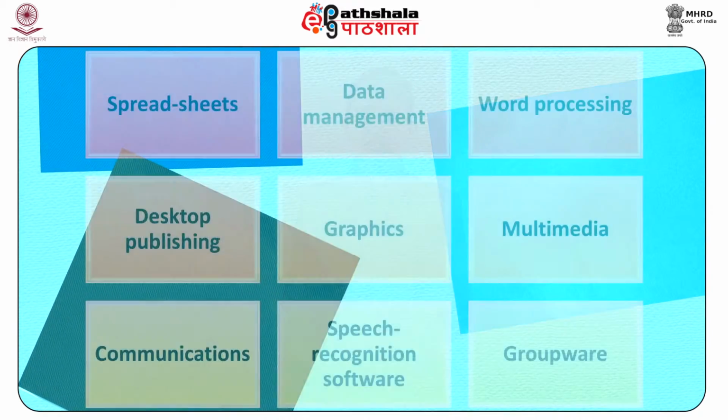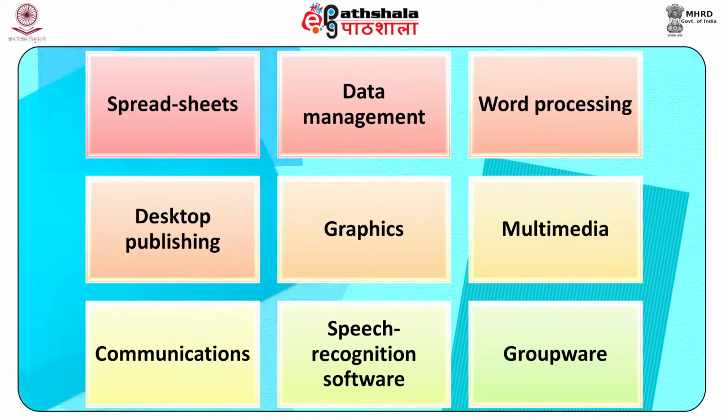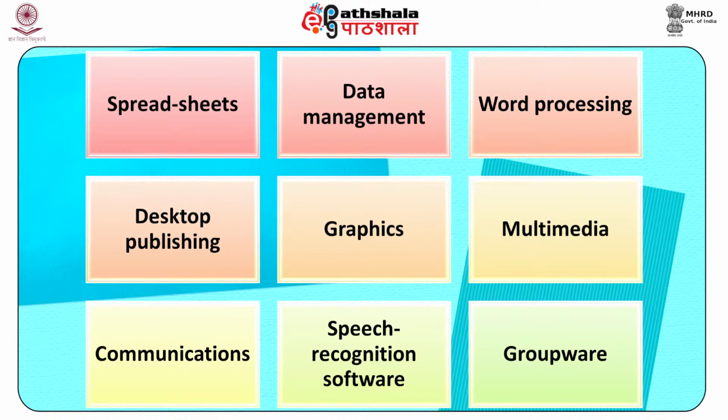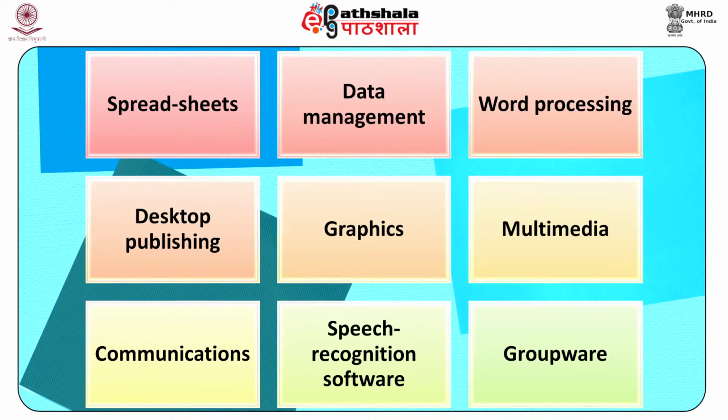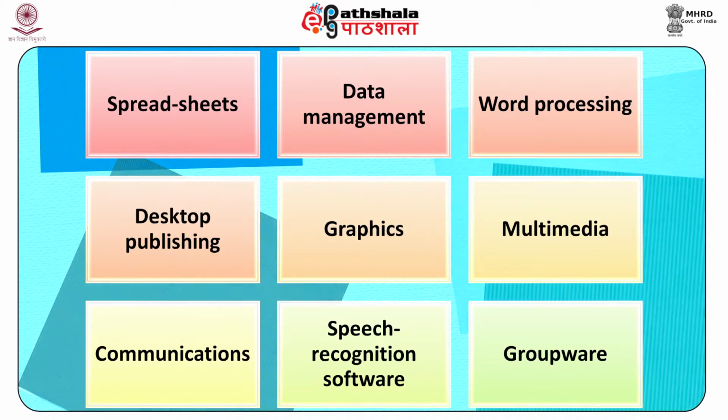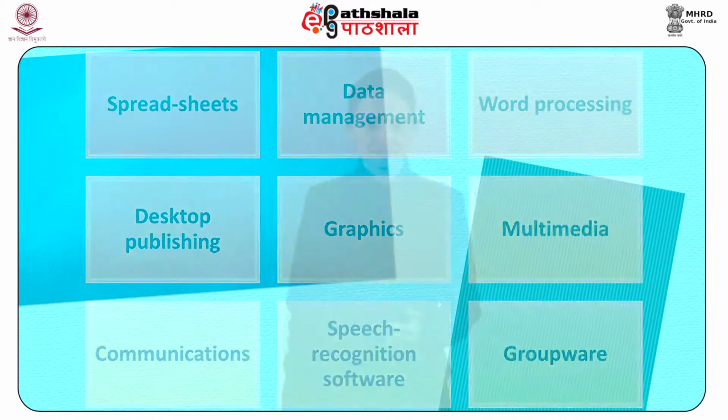This type of software consists of nine extensively used packages, which are spreadsheets, data management, word processing, desktop publishing, graphics, multimedia, communications, speech recognition software, and groupware. Software suites combine a number of these packages and integrate their functions. Personal application software is designed to help individual users increase their productivity.